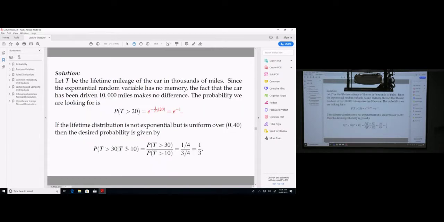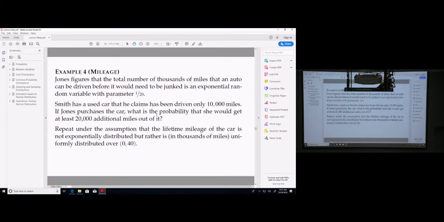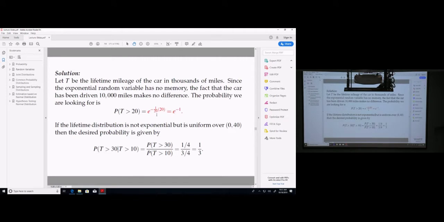So this is just a modeling. Again, I'm interested in that it works more than 20,000 miles. Because of the memoryless property, Jones bought over Smith's car would be as if it is new, all right?